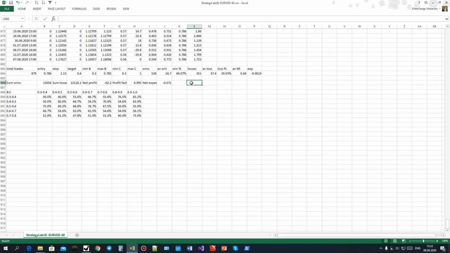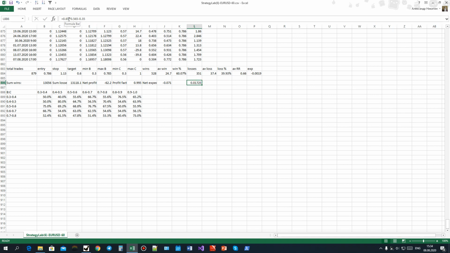The expectancy is calculated this way: win percentage, which in this case should be 0.65, which means 65%, multiplied by the risk reward of 0.565, minus the loss percent. The loss percent in this case is 0.35, which is 100 minus this. And the expectancy is 0.17.